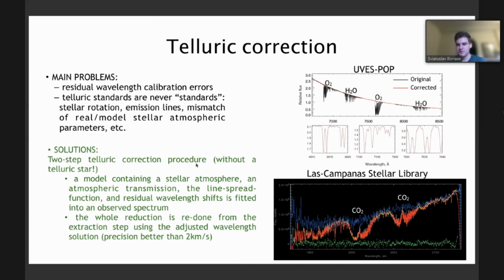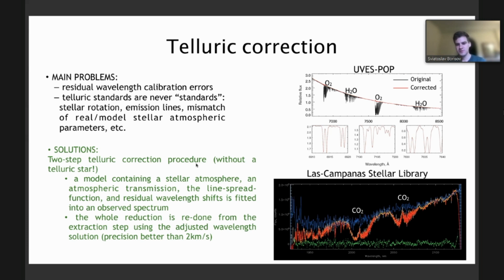The second problem is telluric correction. Telluric lines are produced by the Earth's atmosphere, by oxygen and water vapor, and in the infrared range, also by methane and carbon dioxide. To eliminate these lines, you have to divide the observed spectra by atmospheric transmission models.